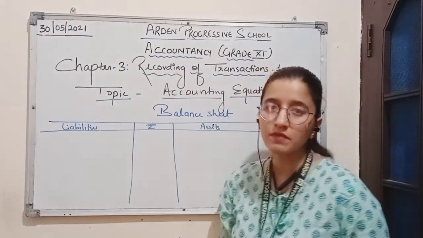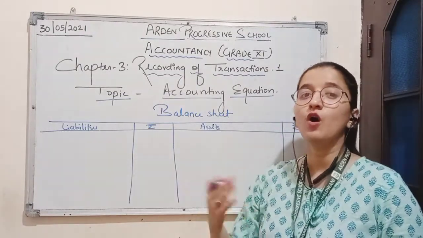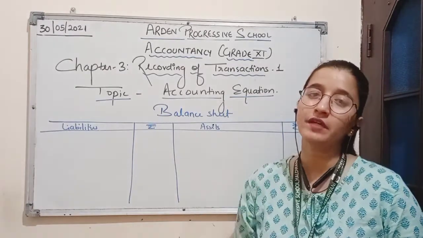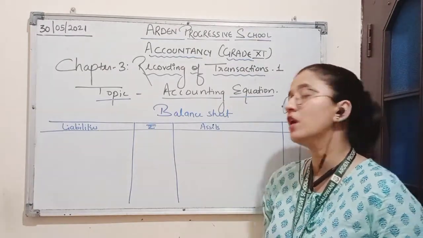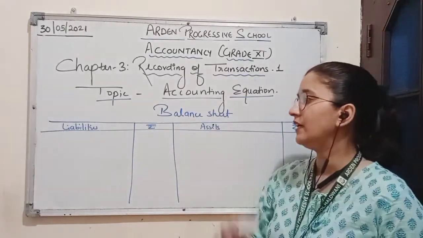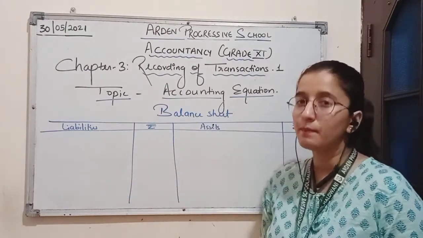We know liability means the things which are to be paid either to the external user or to the internal user, and assets means anything which can be converted into cash and from which we get future benefit. So here assets and liabilities are shown in the balance sheet.